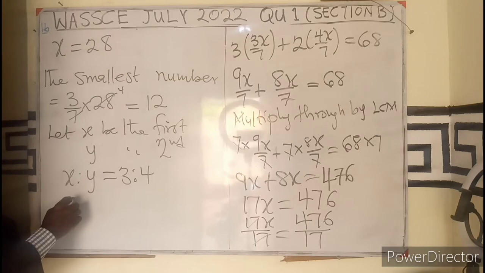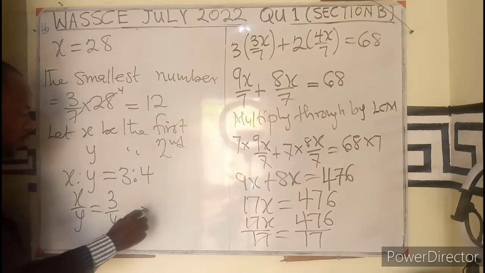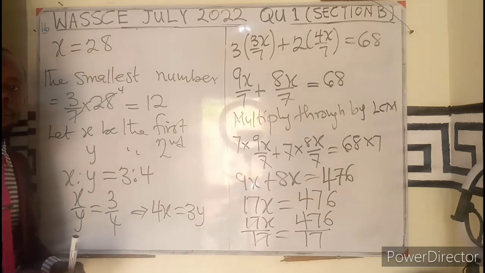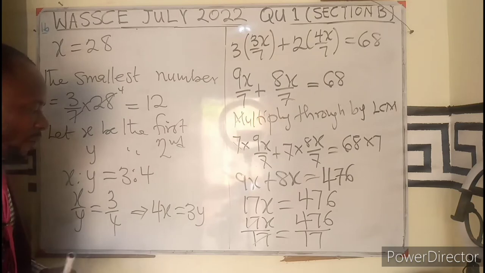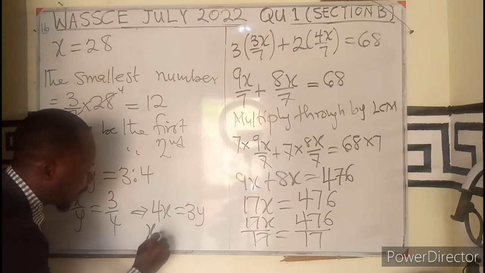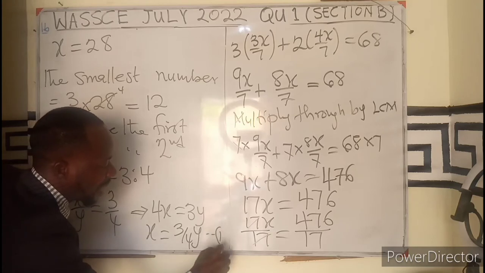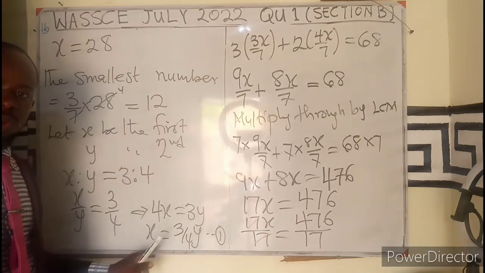So we can write this as a fraction equals 3/4. If you cross multiply, you will get 4x equals 3y. I would like to divide through by 4 so that I have x equals 3/4 y. That becomes equation 1, because we cannot solve further since we don't know the value of x or y.